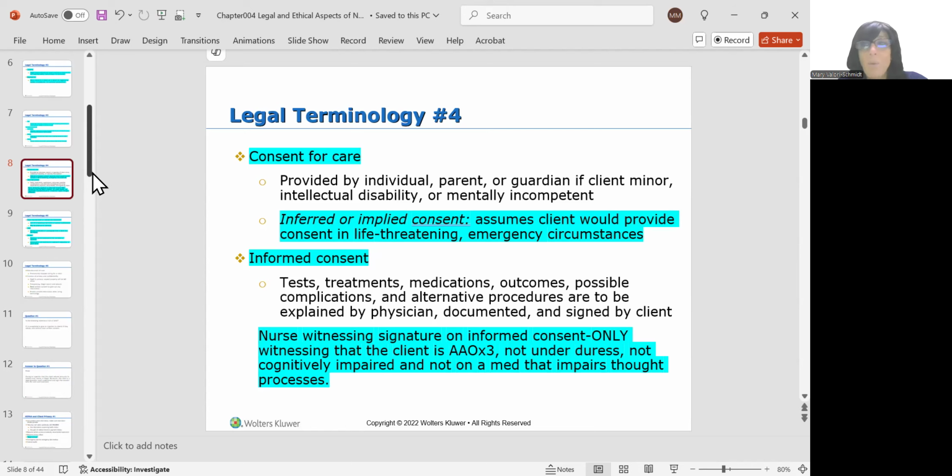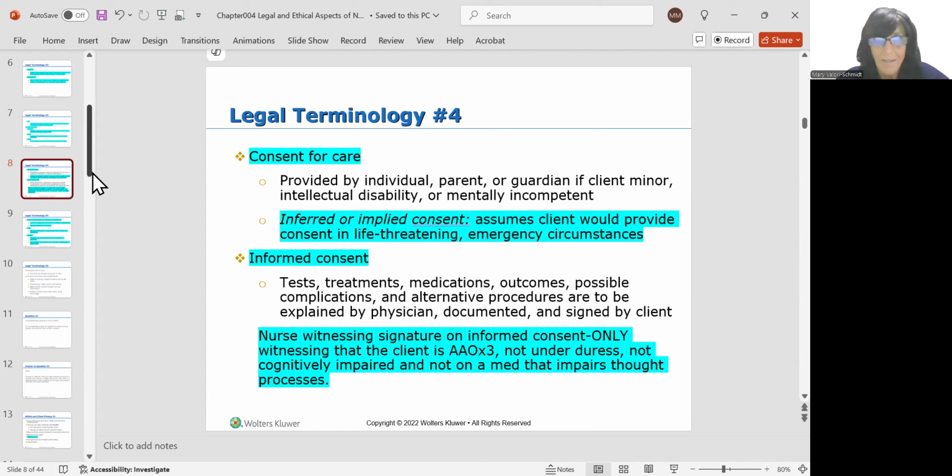So a person comes into the emergency room and they could die if I don't perform a procedure. Well, there's something called inferred or implied consent. What that means is that I don't need consent because it's a life or death situation. I don't have time to get consent. And because it's an emergency, I can just go ahead and do whatever it is I need to do to save that person's life.